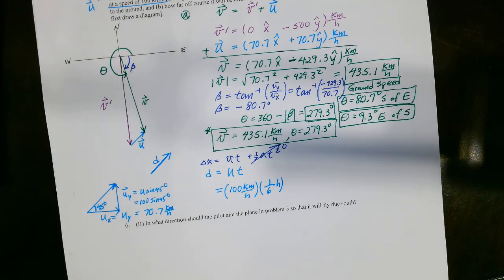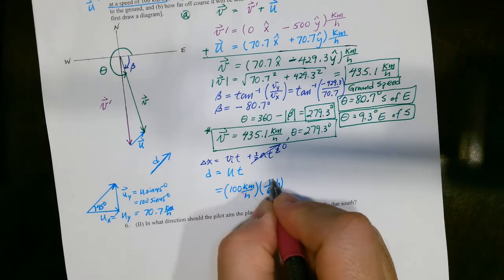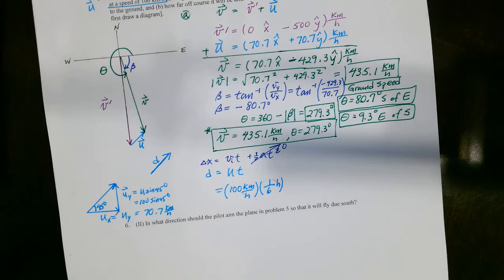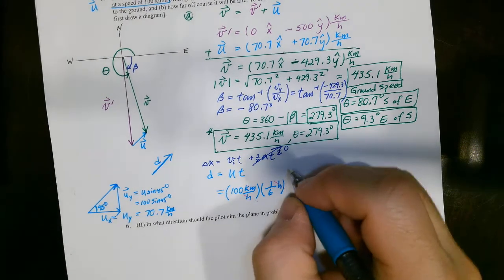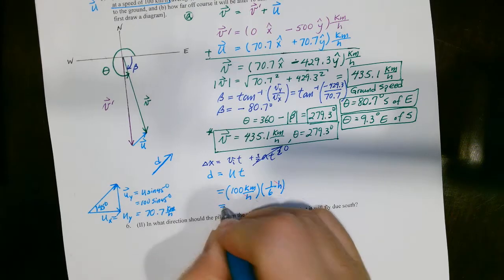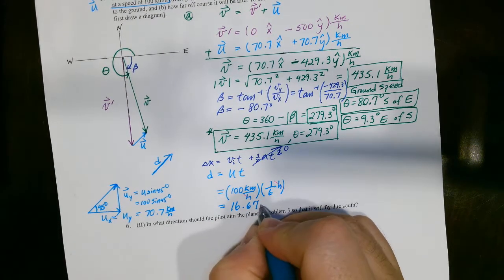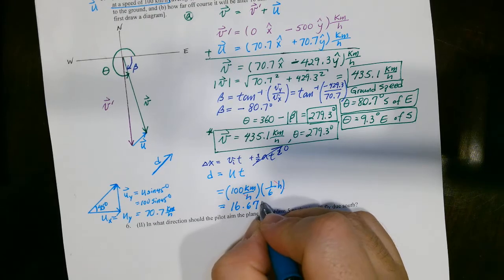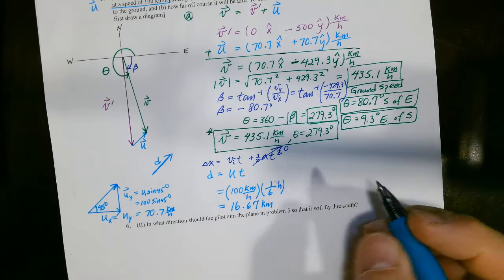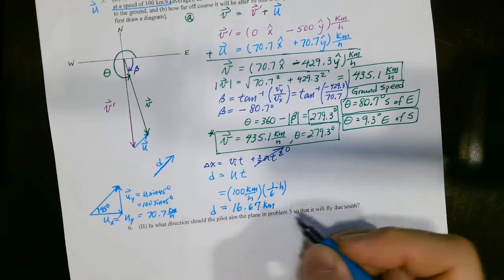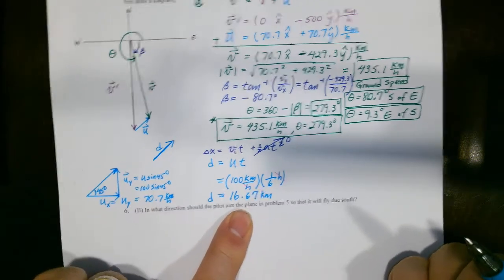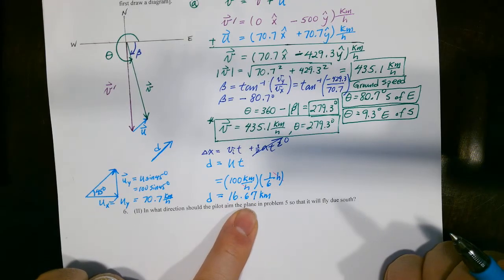So you can see that hours will cancel out, and this will come out to 16.67 kilometers. That distance is 16.67 kilometers.